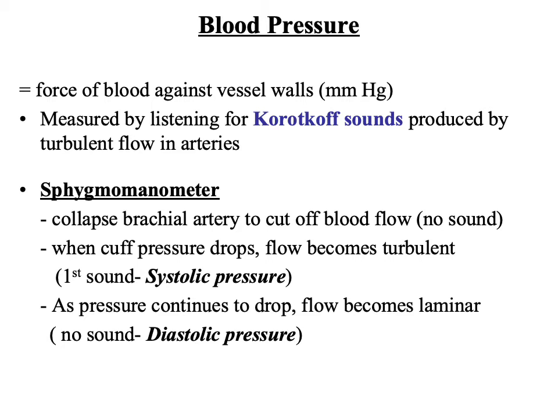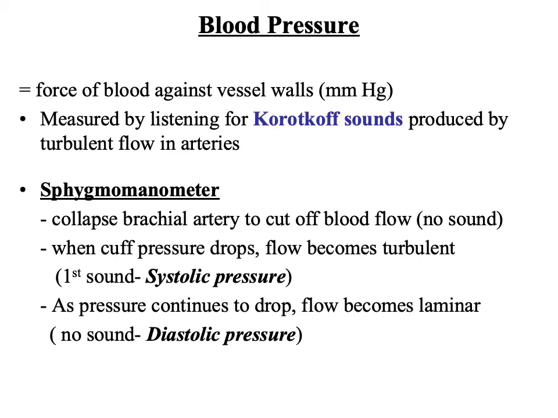And so the person who's listening through the stethoscope, at the point that they start hearing that turbulent blood flow, that is the first sound, and that is what we call the systolic pressure. Systolic pressure is the pressure of the blood during the contraction of the heart ventricles.